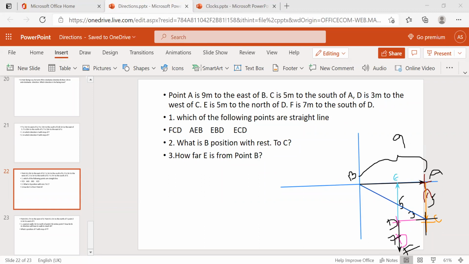And E to A and D to C are equal, so it is also 3. So the total line EA is 3, then EB will be 6. Is it clear? Hope you understand, guys. I'm going to clear this and move to the next question.